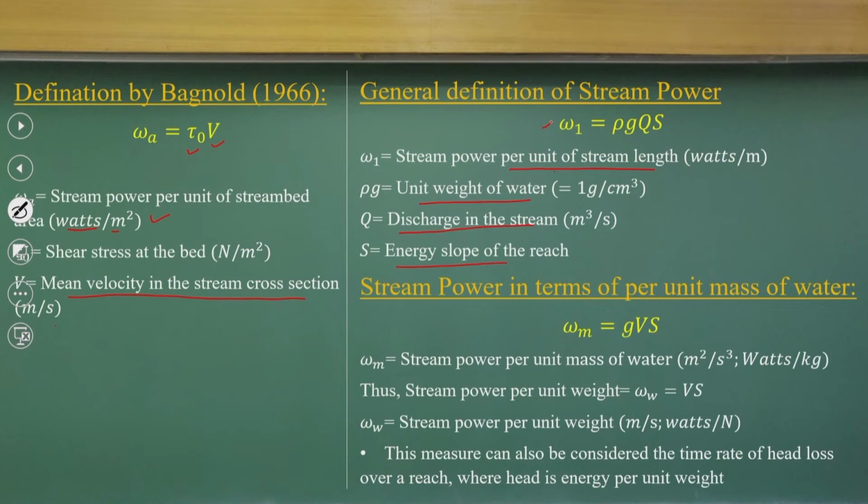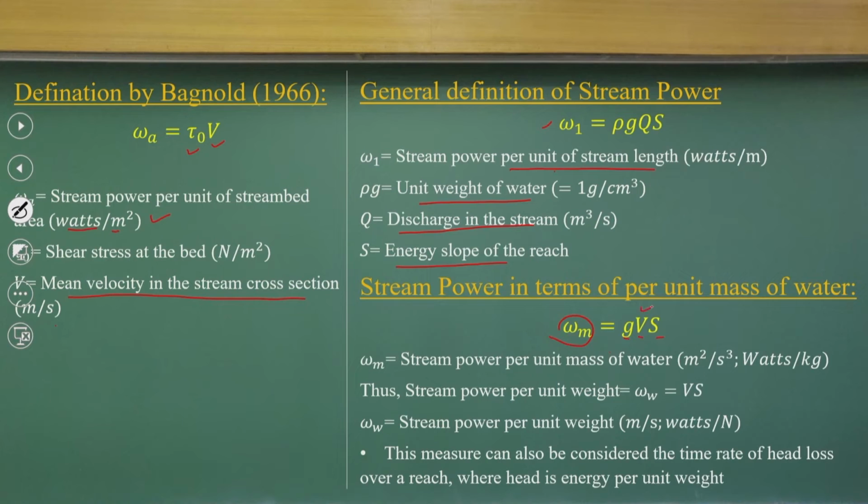If you look at it in terms of unit mass of water, you divide by the mass of water, rho times volume, which gives stream power in watts per kg, that is gVS.